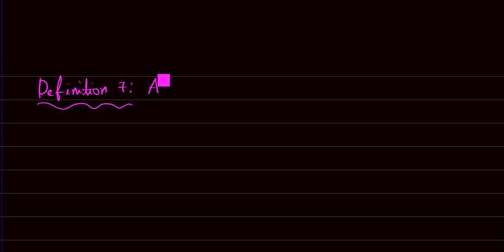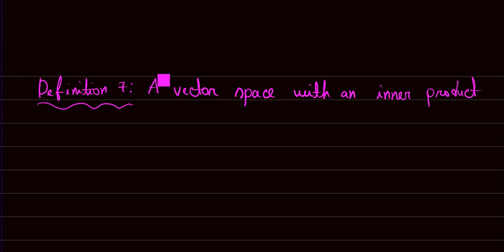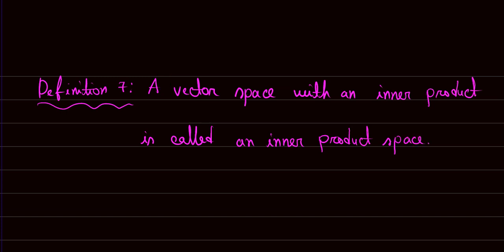So a vector space with an inner product is called an inner product space. This is our definition 7.